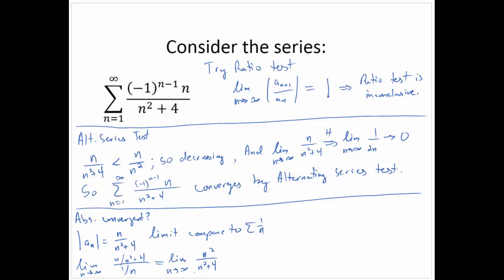And if you go through L'Hopital's rule, this is equal to 1. And recall from the limit comparison test that since this is 1 and sigma 1 over n diverges, what that tells me is sigma n equals 1 to infinity of n over n squared plus 4 diverges by limit comparison.